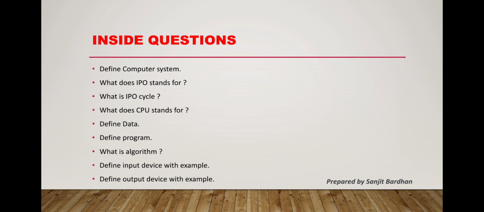Define program. What is algorithm? Define input device. An input device is the device that is used to give instructions to the computer. Similarly, an output device is used to give the desired result as output via monitor, etc.